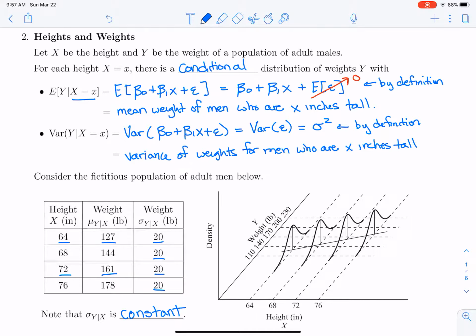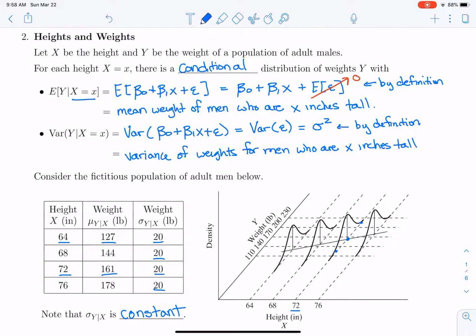Notice again for people who are 6 feet tall, or 72 inches, there's a mean for their weight. But then you can see kind of a normal distribution of weights. Some people who are 72 inches tall are going to weigh closer to 200 pounds. Some are going to weigh way less, maybe closer to, say, 140 pounds, right?